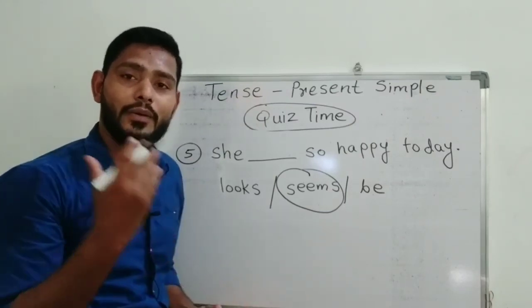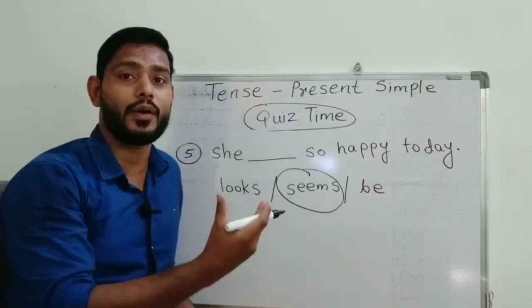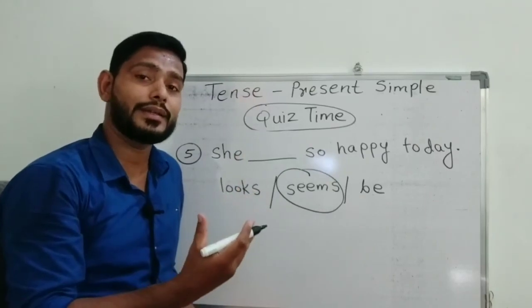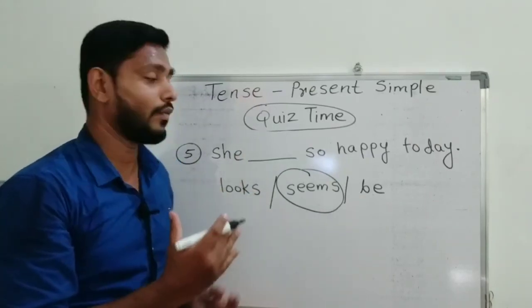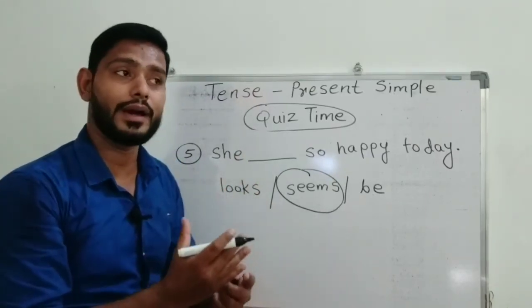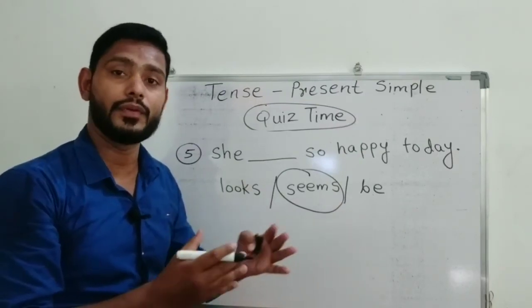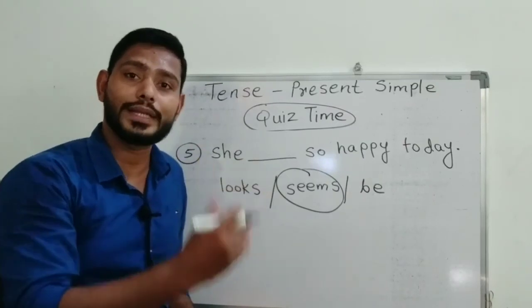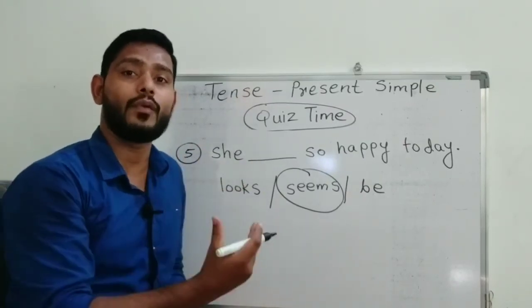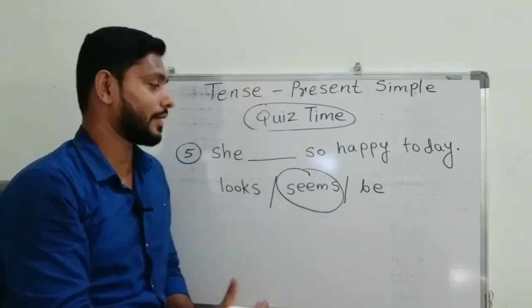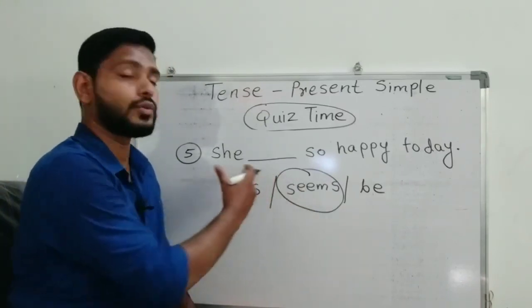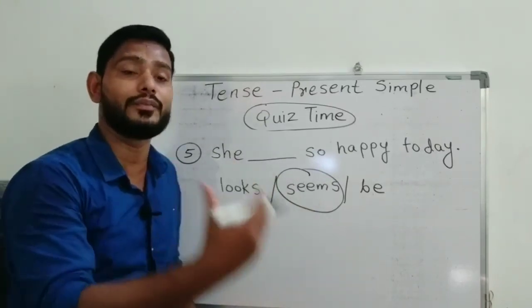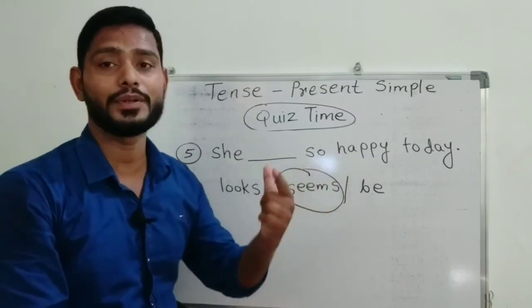I have already made a video on subject verb agreement, and there I have discussed what is a stative verb and what is a dynamic verb. If you have not yet watched that video, I will give the link in the description box. You can go and check there to know all about what a stative verb is. So here seems is a stative verb, to talk about a state of being. She seems so happy today.